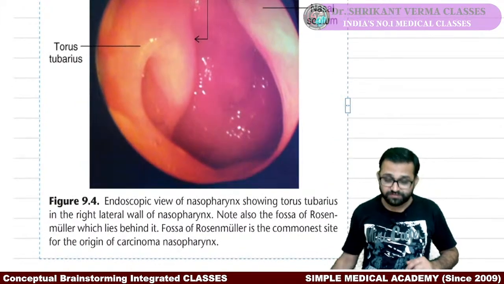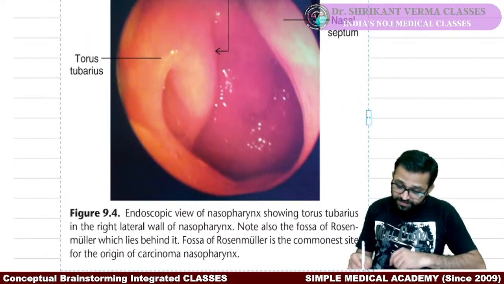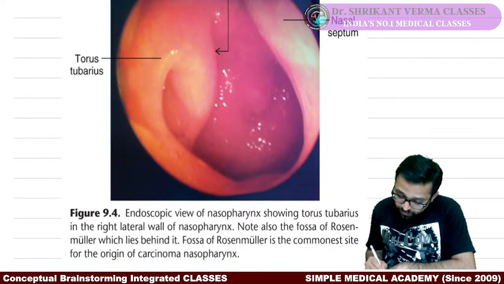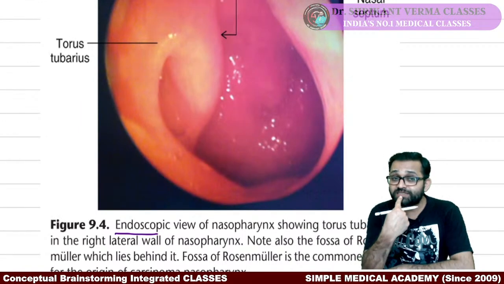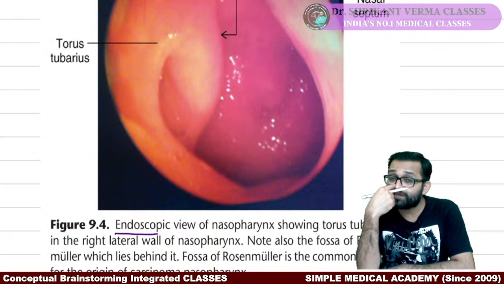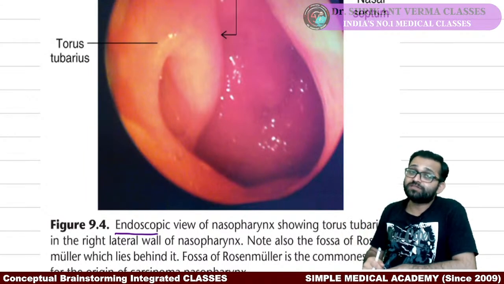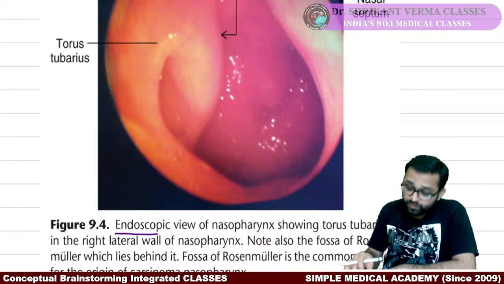See here, this is our image. It is an endoscopic view of the nasopharynx. You can insert the endoscope through the oral cavity, also you can go through the nose. So you go inside through the nose and watch the nasopharynx region, not from the oral side.